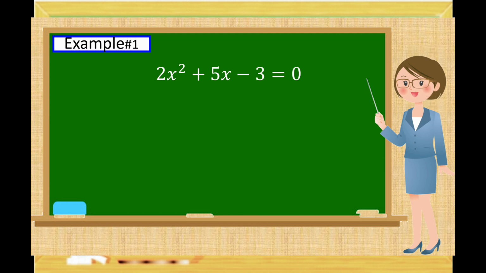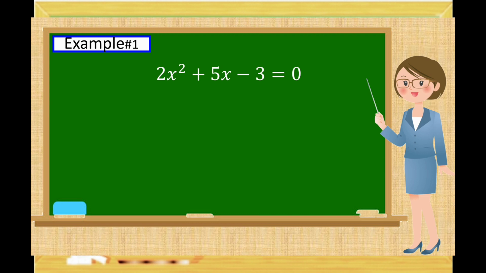Are you ready? Example number 1. 2x squared plus 5x minus 3 equals 0 is a quadratic equation in standard form. In a quadratic equation, there are 3 terms: quadratic term, linear term, and constant term.